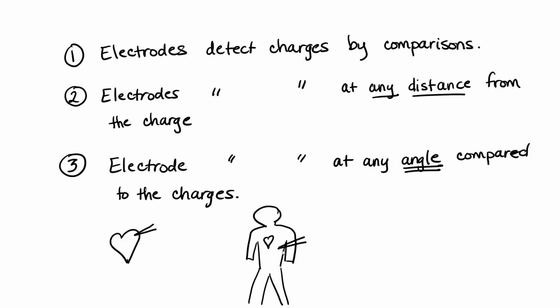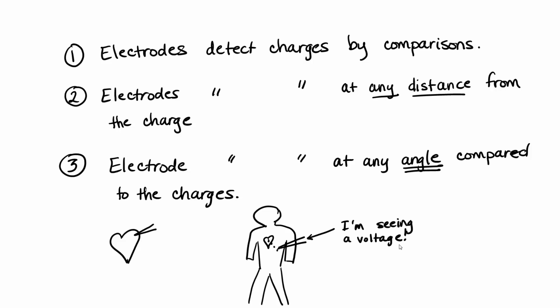And surprisingly, even though the distance between the heart and the skin is pretty large, the electrode can still detect a voltage, meaning that it's detecting a moving charge. And that's really, really important because that means that you don't have to cut open the patient and you can still see something about their heart.